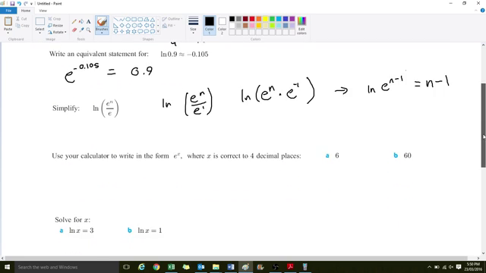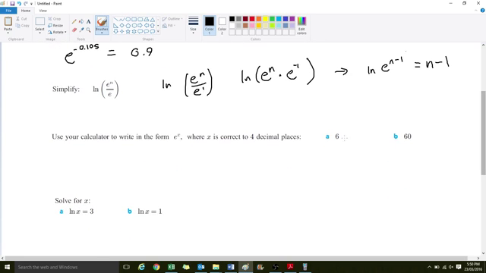Use your calculator to write 6 in the form e to the power of x, where x is correct to 4 decimal places. So we have the number 6, and we want to write it as e to the power of x is equal to 6. What is this number x that makes e to the power of x equal to 6? Now remember, e is about 2.78. But what we can do here is just use the natural logarithm to solve this one.